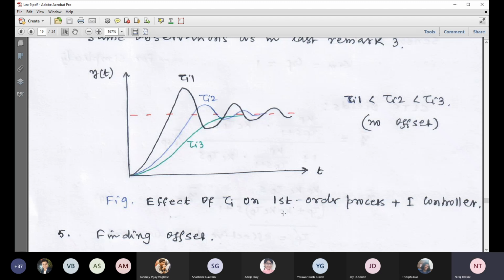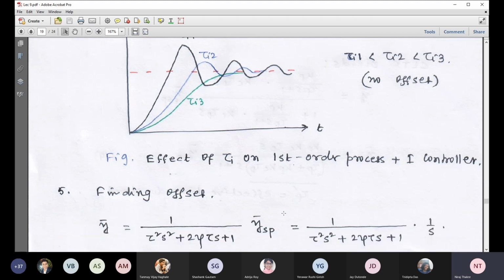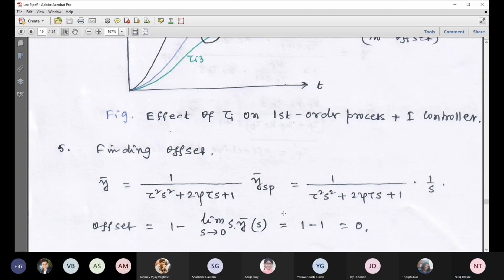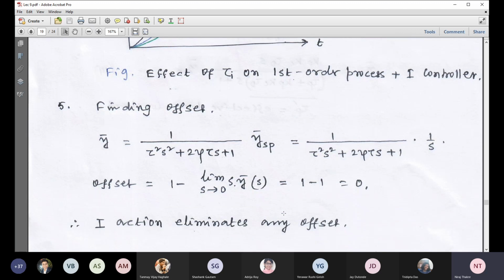In fact, I have shown it for the servo case, but even if you go with the regulatory case as well, it is always 0. Offset is always 0. So that's why I told you that you cannot write that integral action reduces offset.